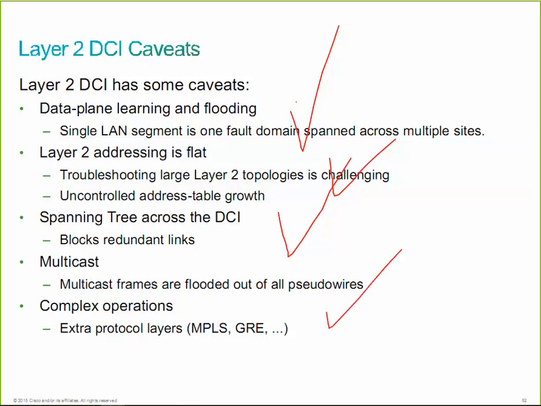Lastly, complex operation. I don't know if you guys have picked this up over the last few days. We've been talking about these different types of VPNs and so on, but Layer 2 VPNs allow us to extend Layer 2 connectivity between data centers, but that means we're going to have to implement a lot of pretty complex protocols. We're going to have distributed provisioning.